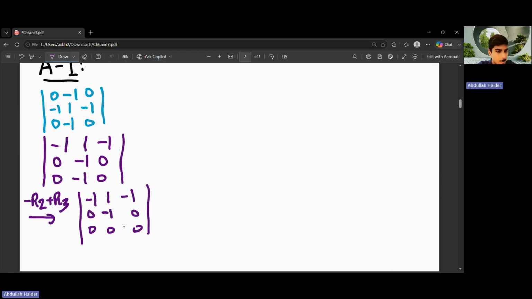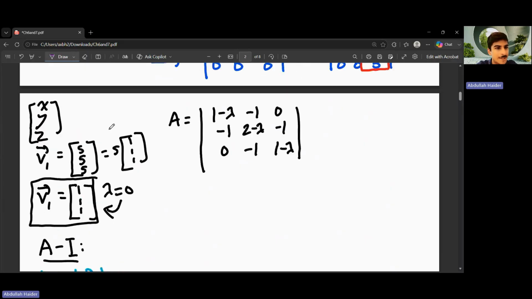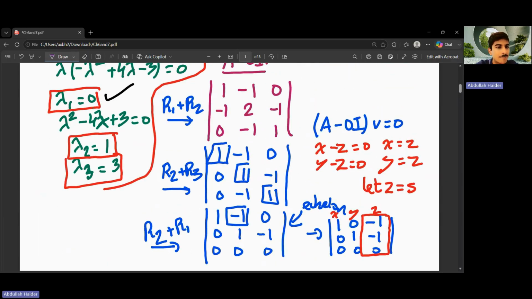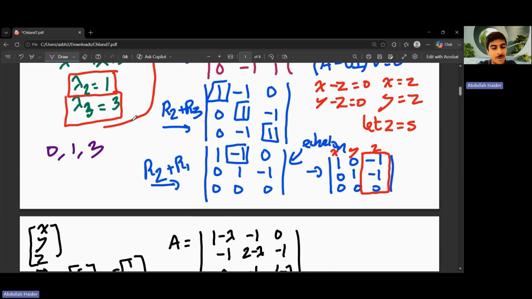You might notice that if you have distinct eigenvalues, you have 0, 1, 3, and they're different. If you have different eigenvalues, then you will always have a row of at least one zeros in the reduced matrix. So these are distinct.